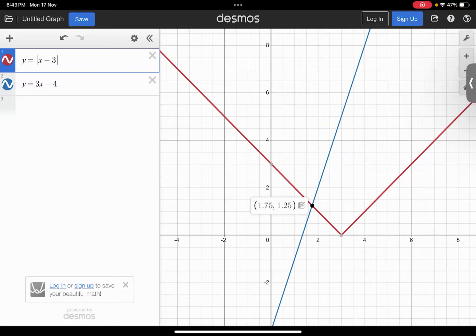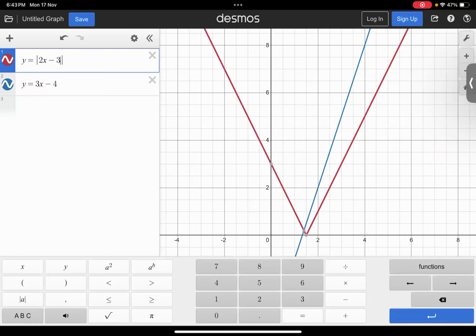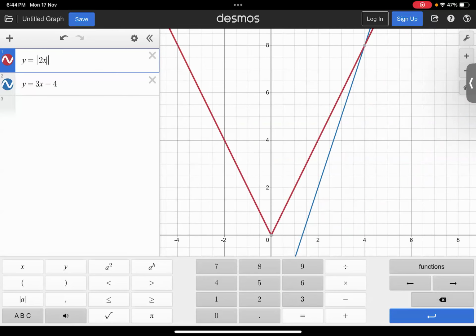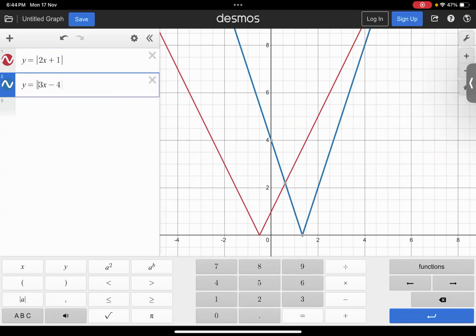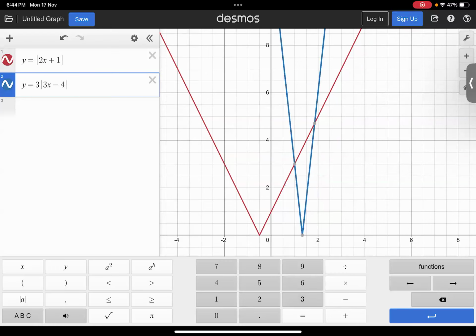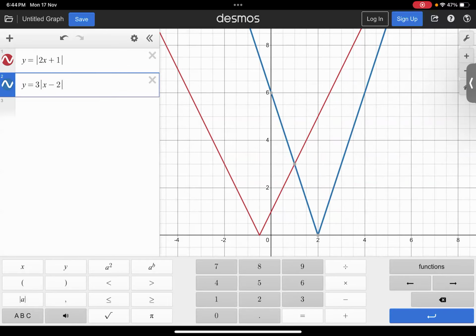Okay, so now if we input the second inequality, that is 2x plus 1, it's just for you to visualize how it works. And I have 3, and you have only x minus 2, and there's a modulus sign, right?